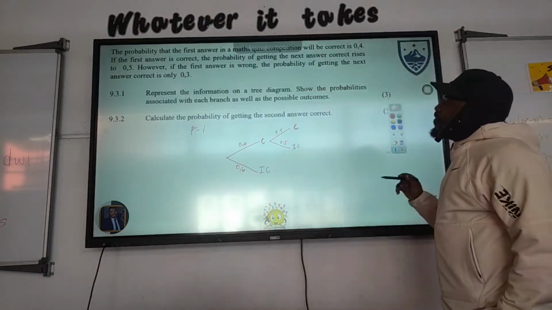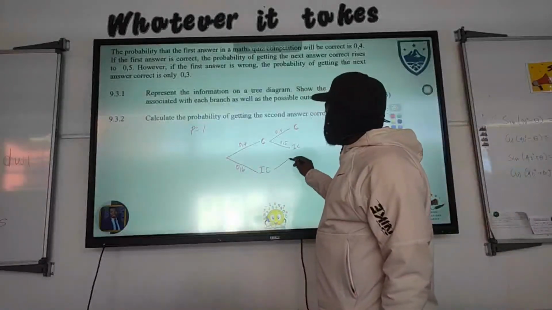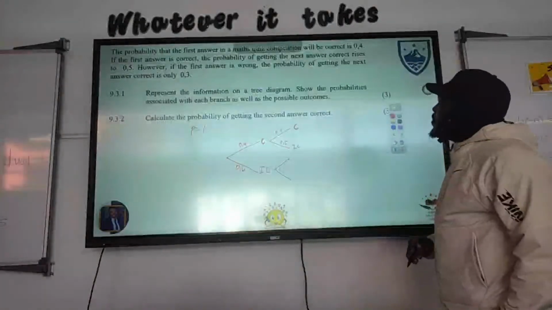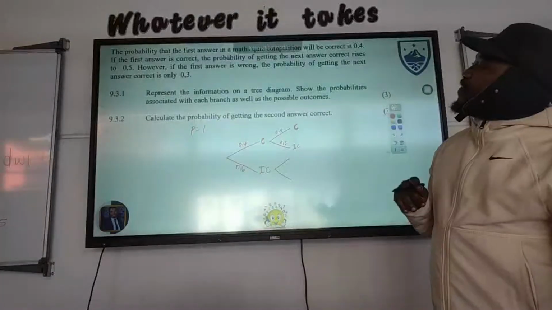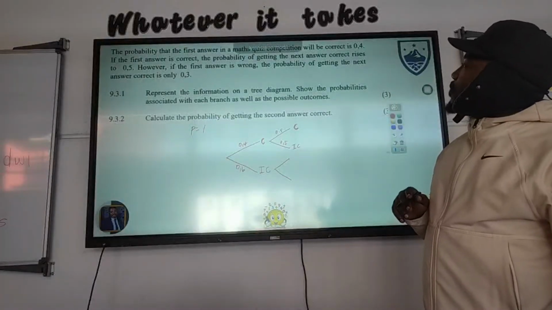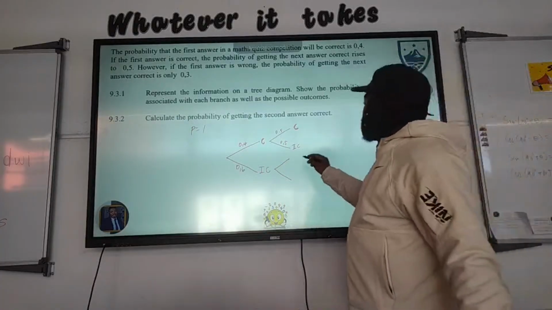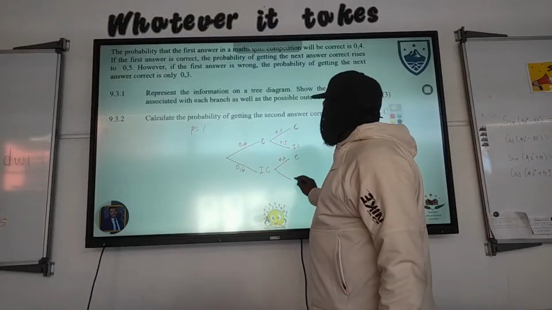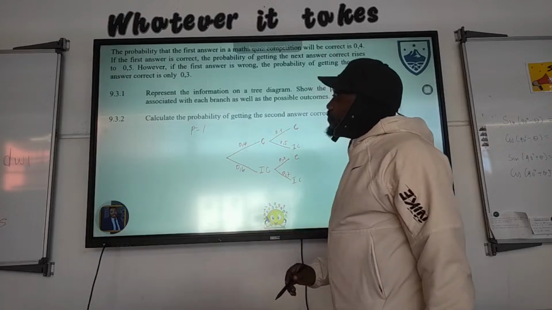However, if the first answer is wrong, which is incorrect, wrong sounds very harsh. Let's use incorrect. So, if the first answer is incorrect, the probability of getting the next answer correct is 0.3, and then incorrect will now be 0.7.